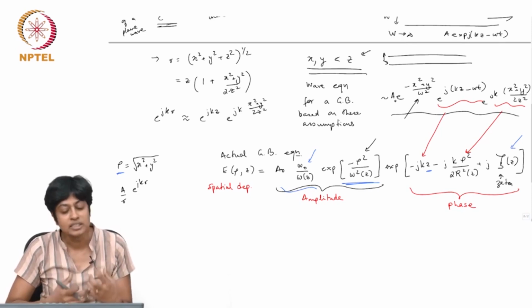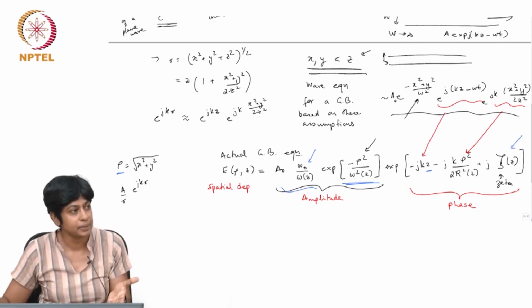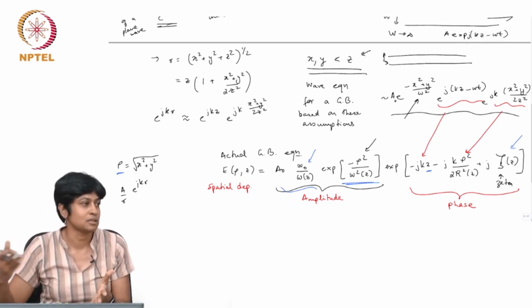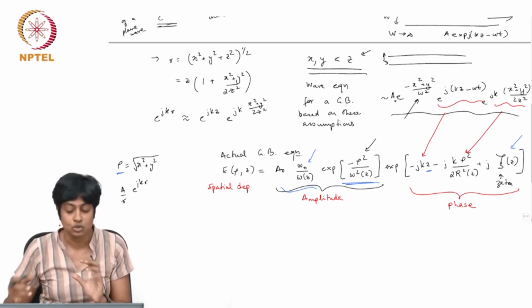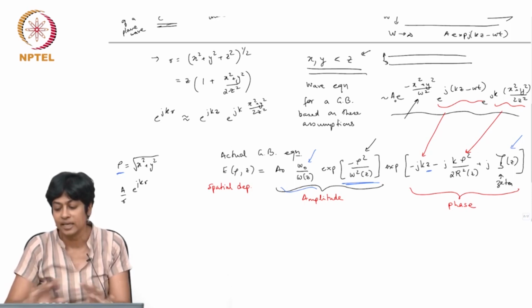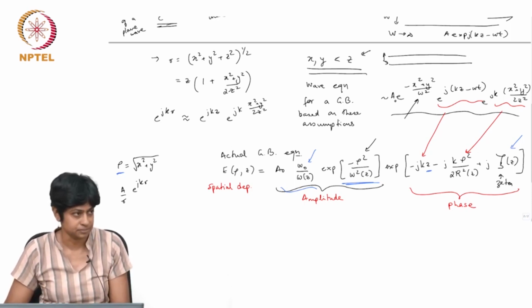But you always need to have an expression for the beam, and that expression is going to tell you exactly what happens to the beam as it propagates. Okay. So for the Gaussian beam, if we look at the spatial variation, what I get is this expression.